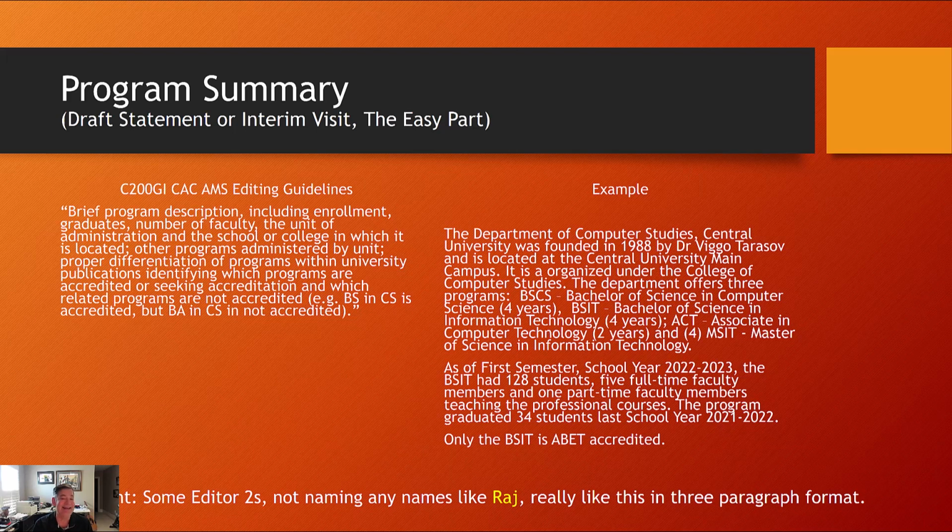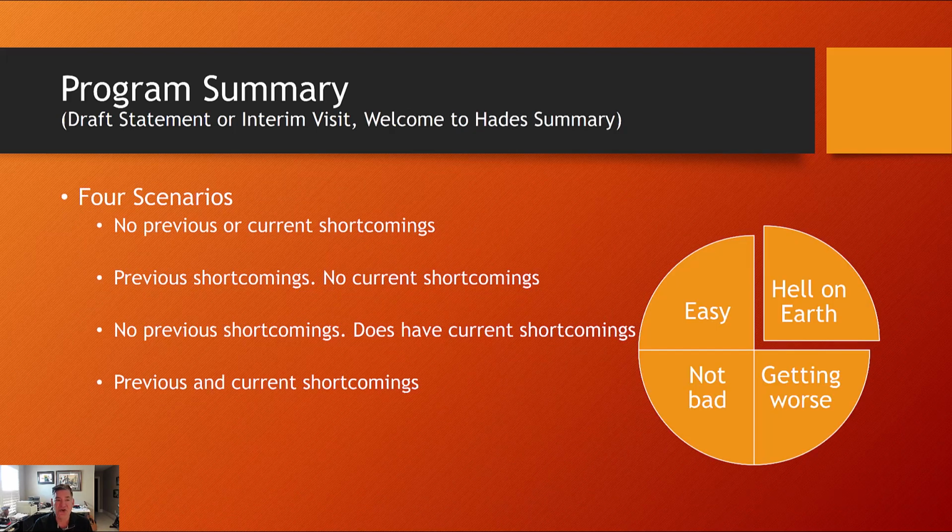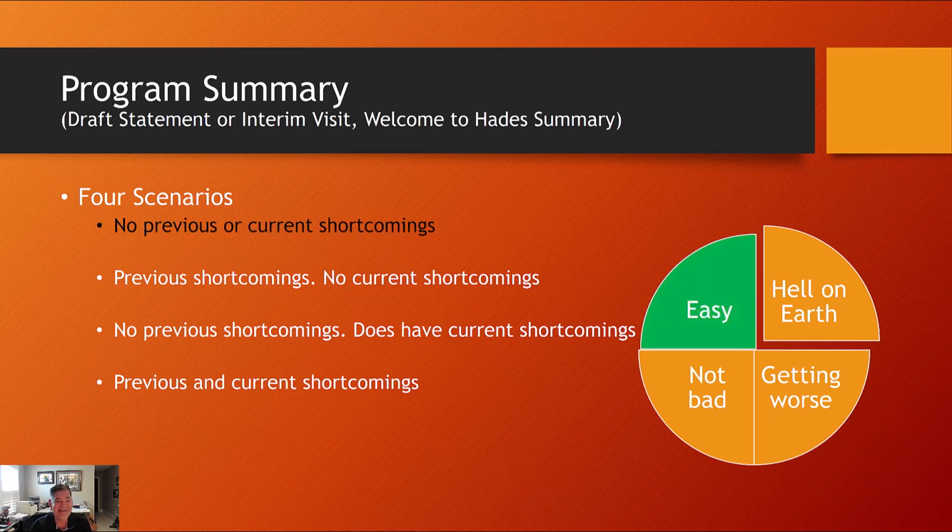Now again, this is the easy part, and on subsequent slides you're going to see this in black, and we're going to augment or supplement this easy part with the harder part. As we're doing that, there are kind of 4 scenarios that exist. The easy scenario is when there's no previous shortcomings and no current shortcomings. In that case, you'll just see the text I'll give you to plug in. And you can get this, of course, by going to C200 GI or C200I and pulling the text out of there. You can just pay attention to the PowerPoint in this training video.